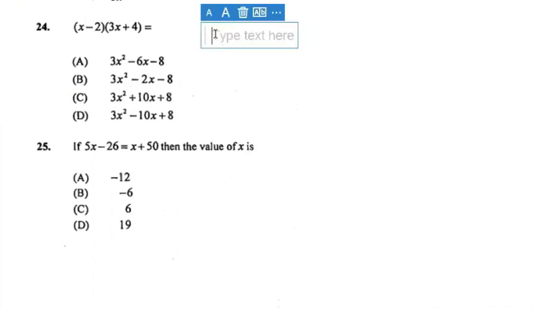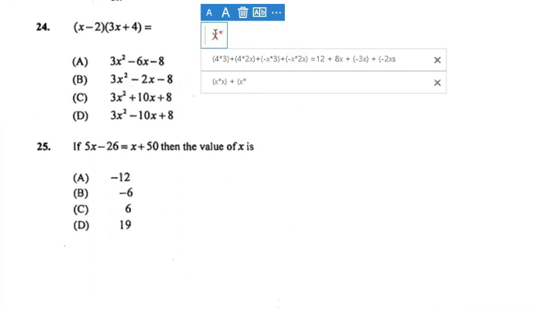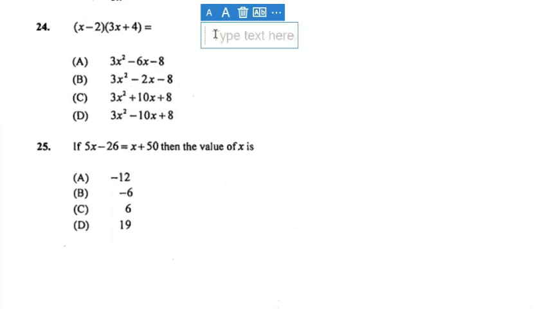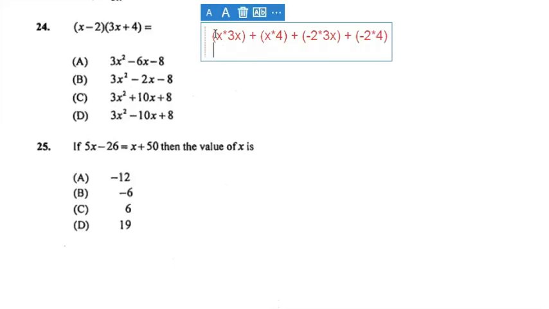So it will be x multiplied by 3x from the first bracket, so it is x multiplied by 3x plus x multiplied by 4, and then we're now using negative 2, so it is plus negative 2 multiplied by 3x plus negative 2 multiplied by 4.